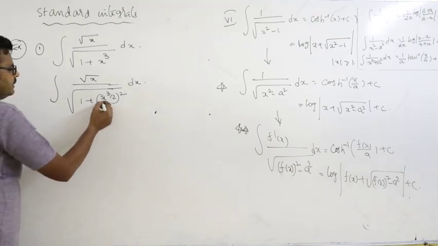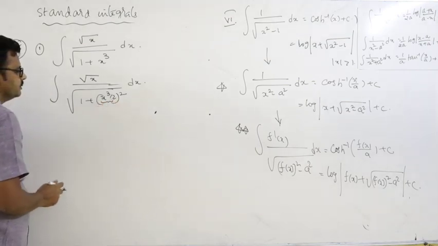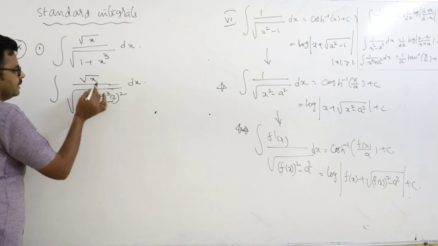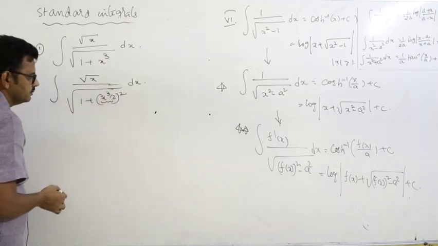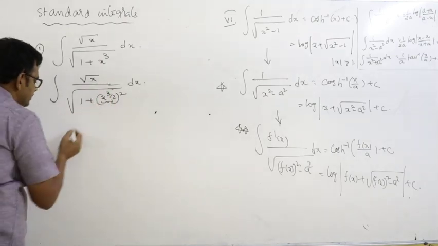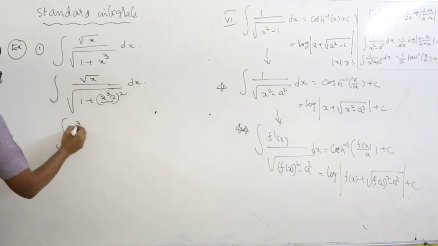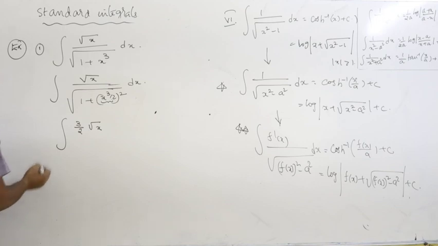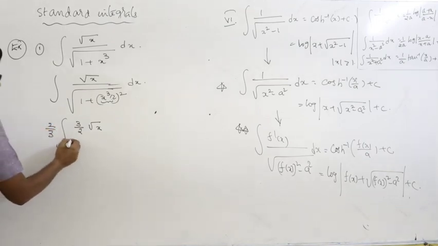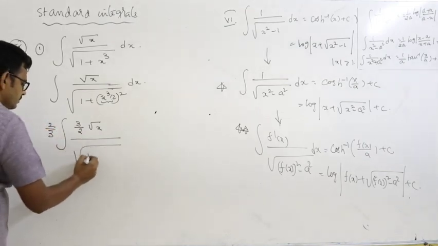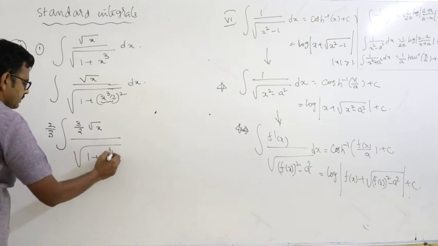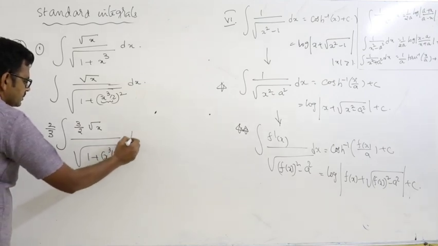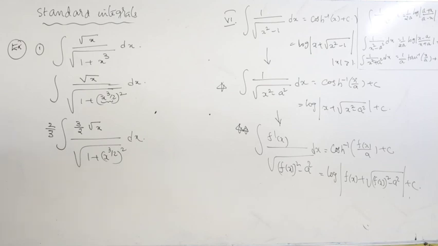Now the derivative of x power 3 by 2 is what? 3 by 2 x power 1 by 2. So you are multiplying and dividing by 3 by 2, into root x. Here 2 by 3 by root of 1 plus x power 3 by 2 whole square dx.